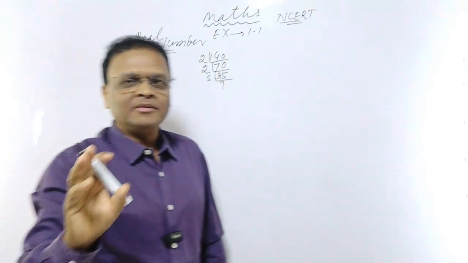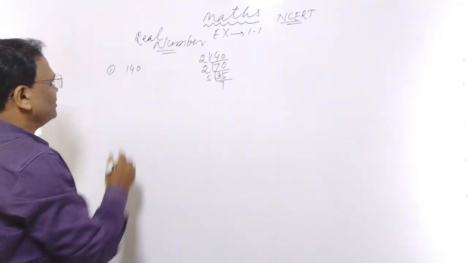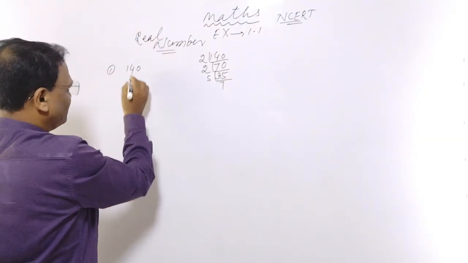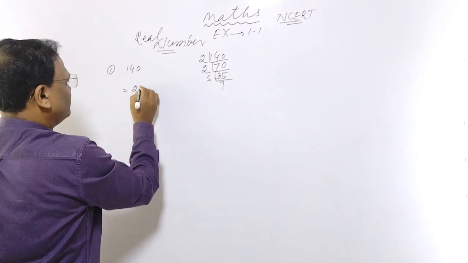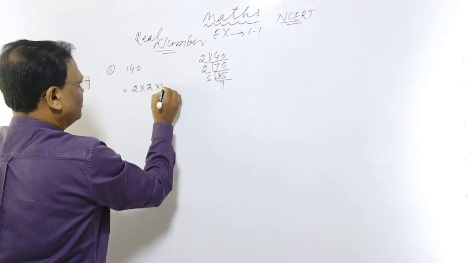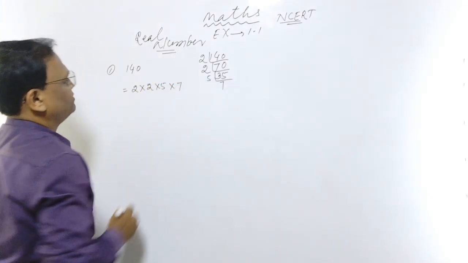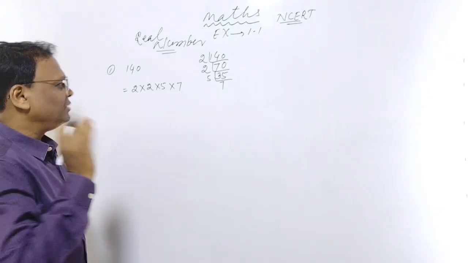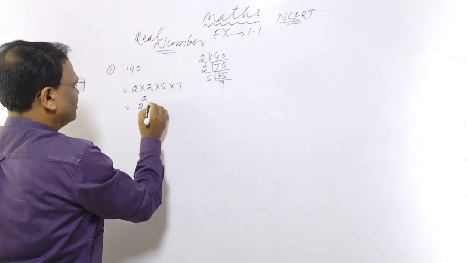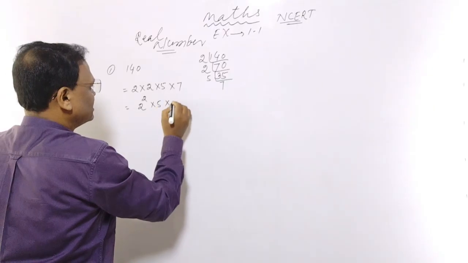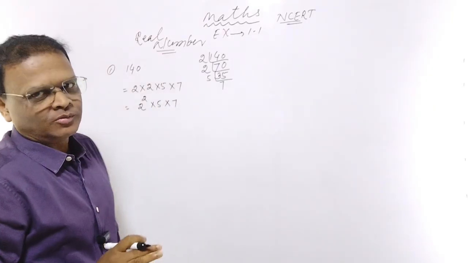I got all the prime factors. So 140 equals 2 into 2 into 5 into 7. This further can be written as 2 to the power of 2 into 5 into 7. So the first one is over.